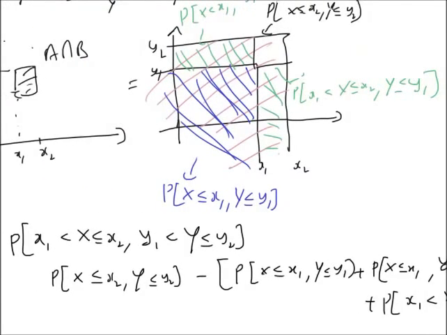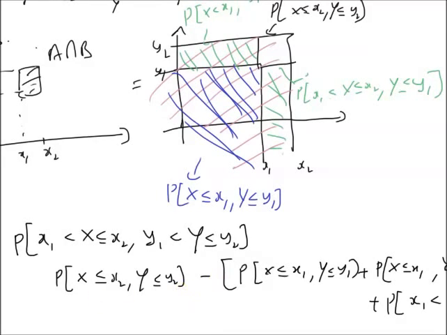So the probability of A intersection B is given by this expression, that is, the region in red minus the sum of the probabilities of the regions in green and blue.